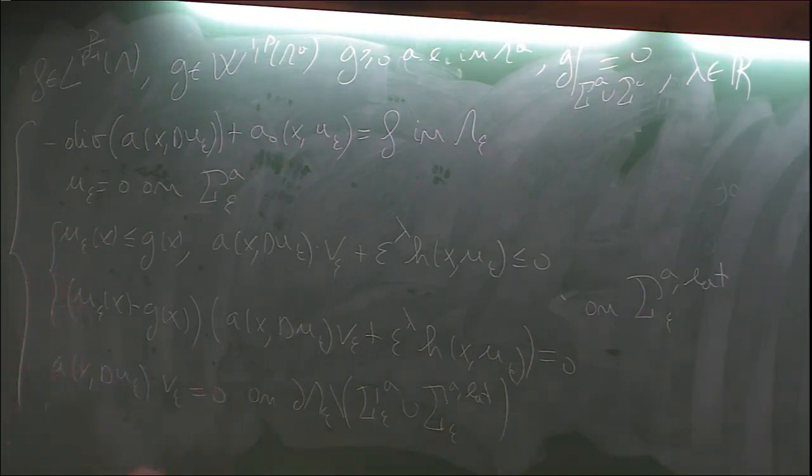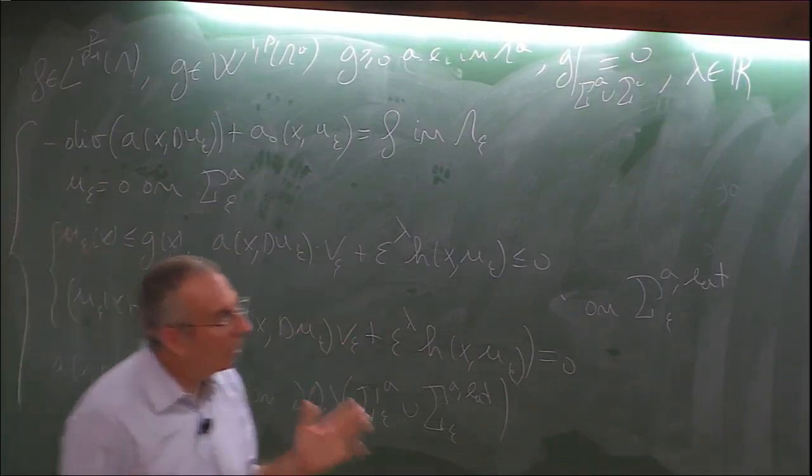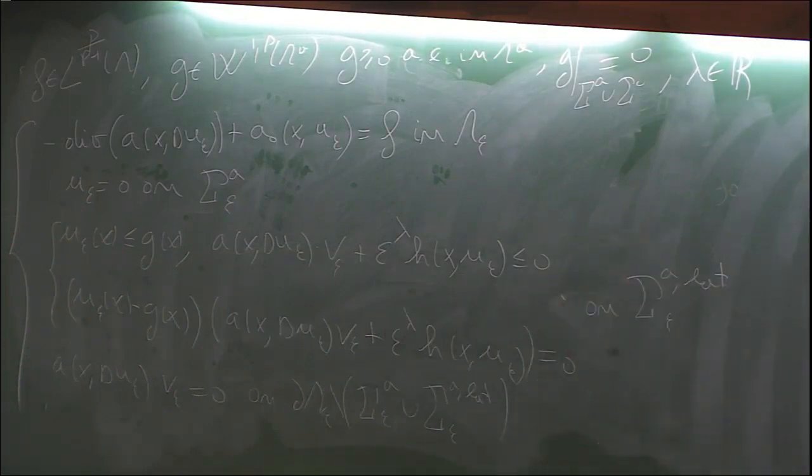Of course, in some cases, if you consider minus delta u plus u equals 0, you can add all the boundary conditions, the normal derivative equals 0, and it is well posed. But in general, you can choose this on this. Then, on this boundary, you don't know. In some parts, you have the Dirichlet boundary, u epsilon equals g. In other parts, you have this condition.